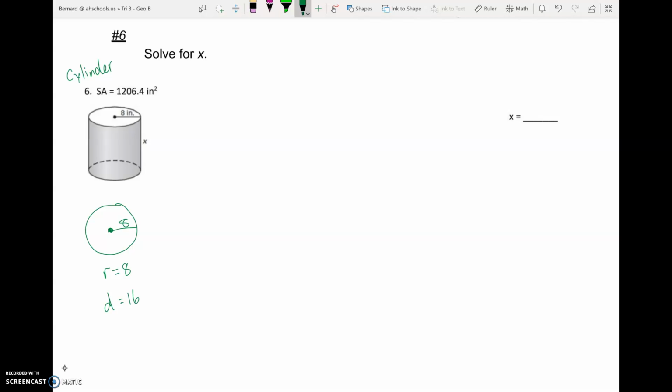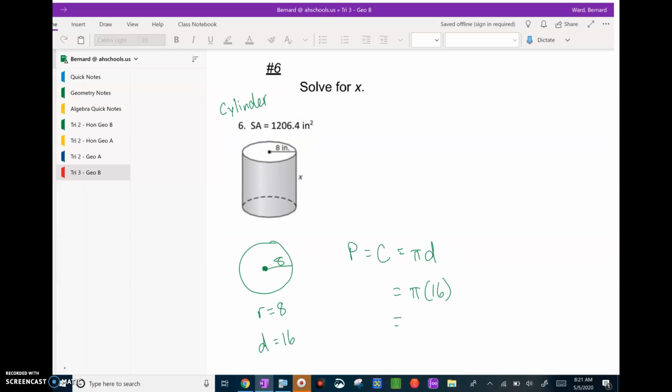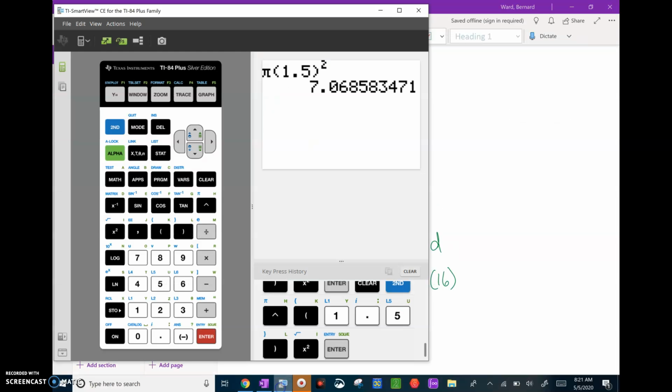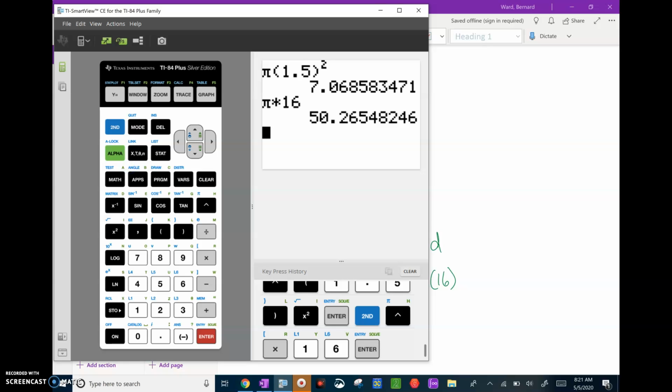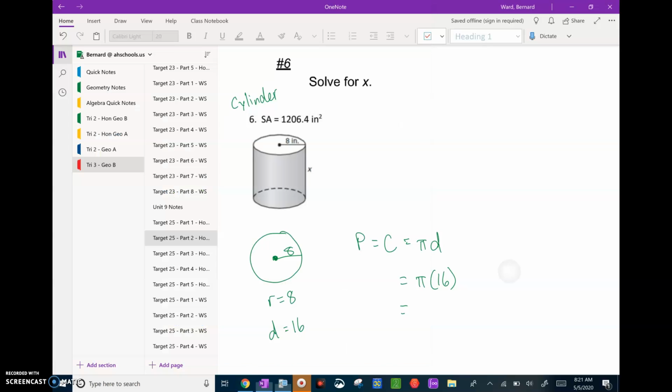So remember, for a circle, perimeter is also called circumference, and it is just pi times diameter. Diameter is 16, so our perimeter is pi times 16, which is going to equal, just throw that into the calculator over here, pi times 16 equals 50.3 if we round.